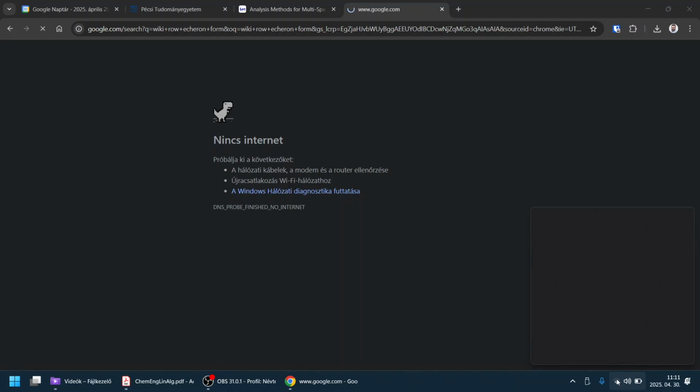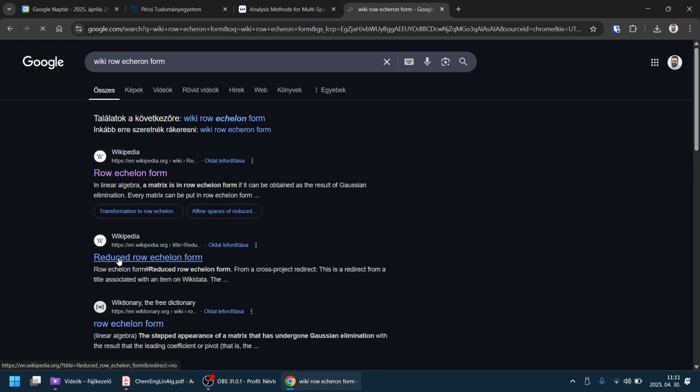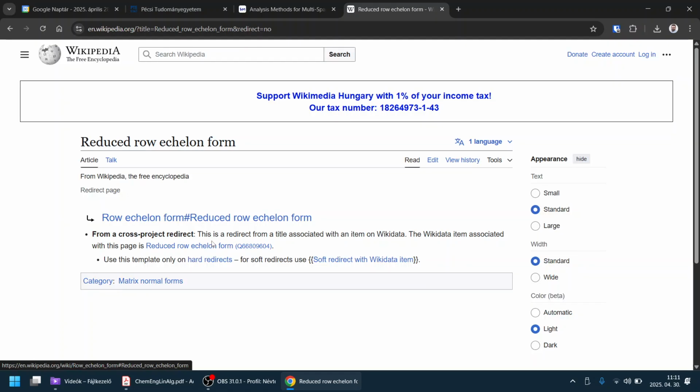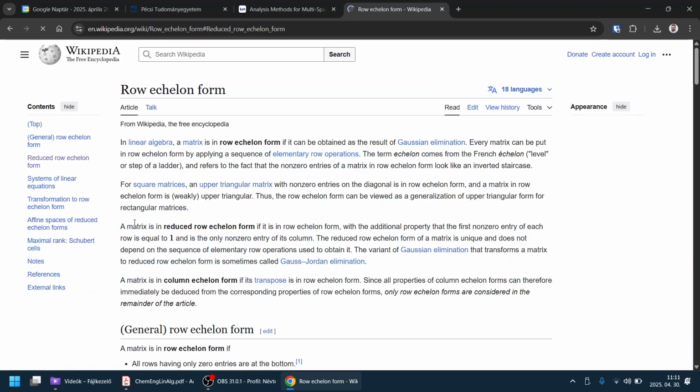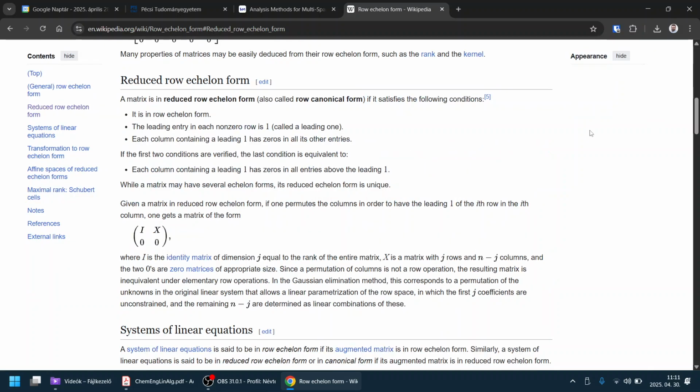Reduced row echelon form. Okay, one image. Oh, I really like it. This is the row echelon form, the trapezoid form that I called.